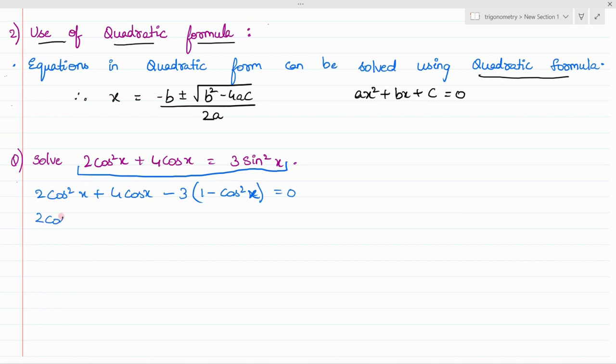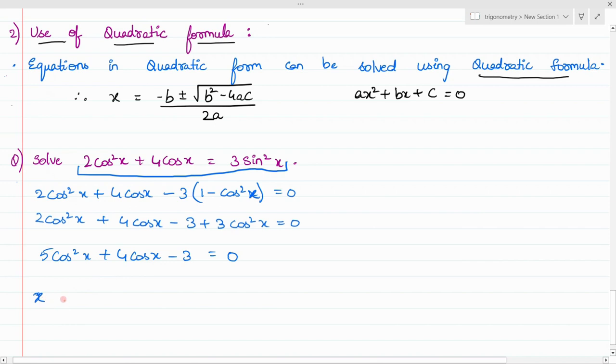So it becomes 2 cos square x plus 4 cos x minus 3 plus 3 cos square x. So it becomes 5 cos square x plus 4 cos x minus 3. If you see, this kind of equation cannot be solved using the splitting the middle term method. So here we can use the quadratic formula.